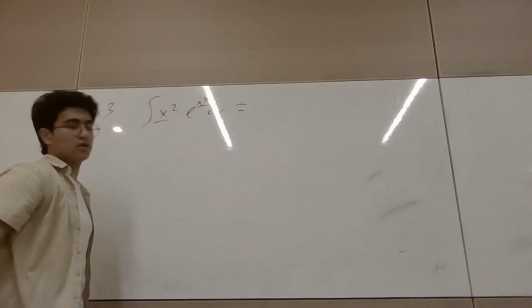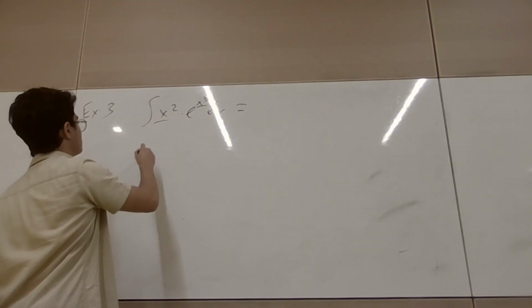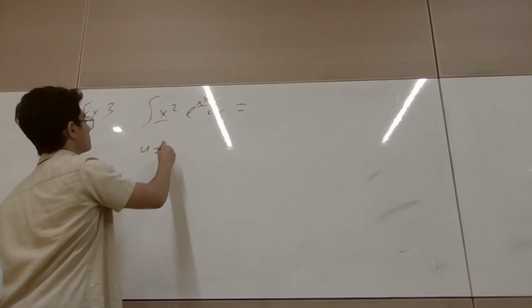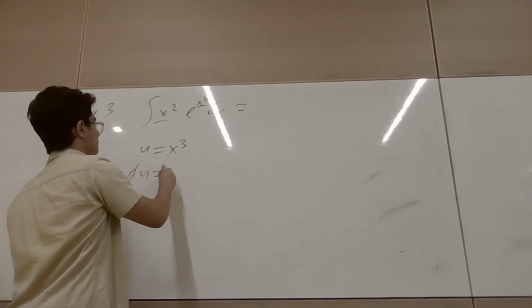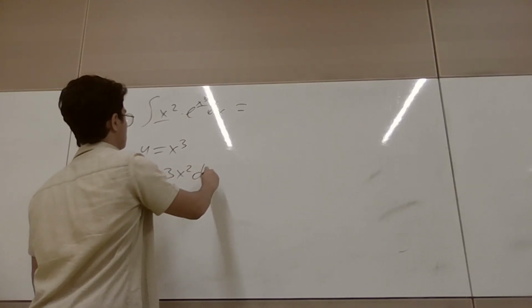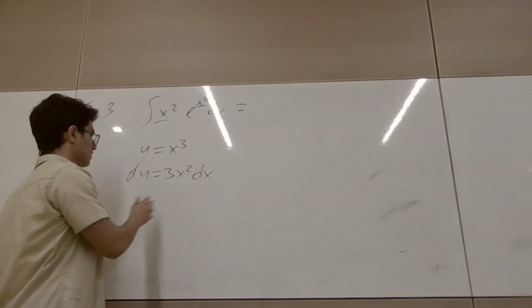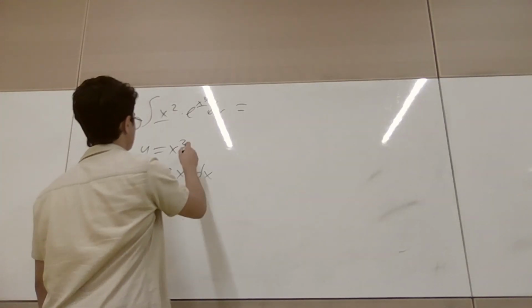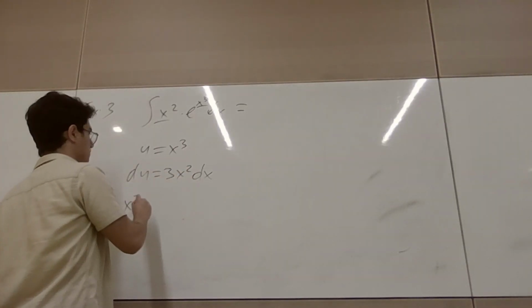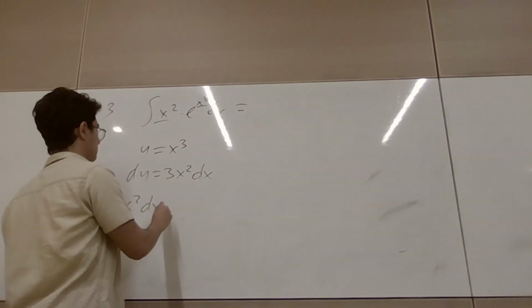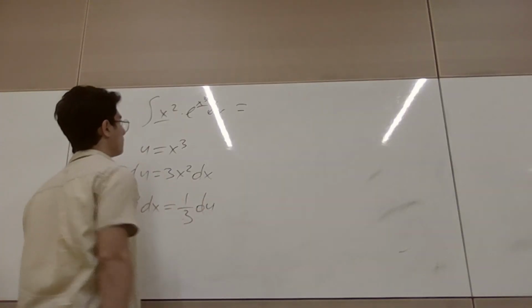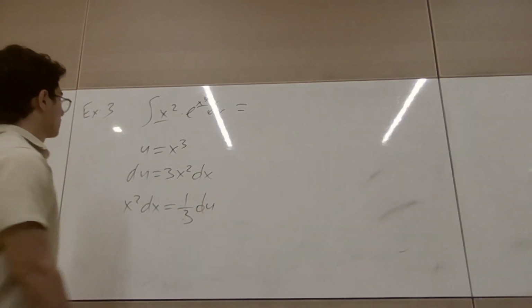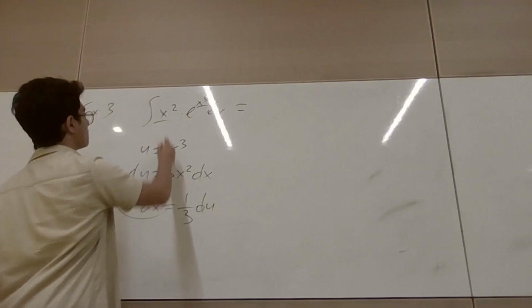So we know that u is x cubed, and du is equal to 3x squared dx, and then we substitute again. First we can write x squared dx is equal to 1/3 du. Okay, we take this here.